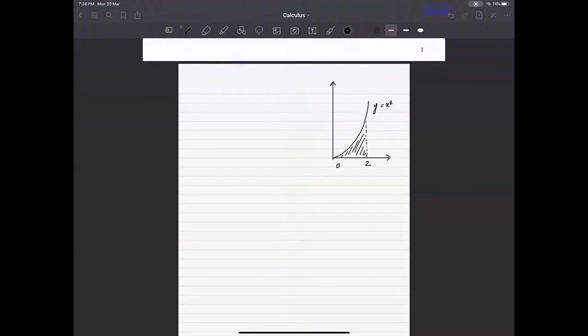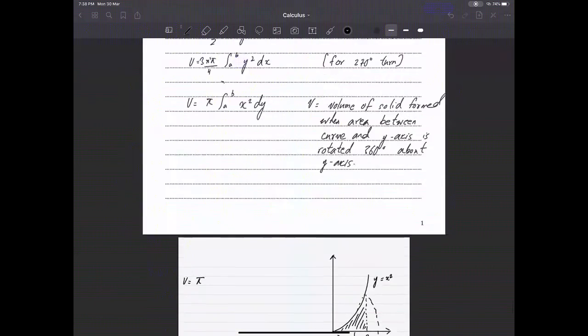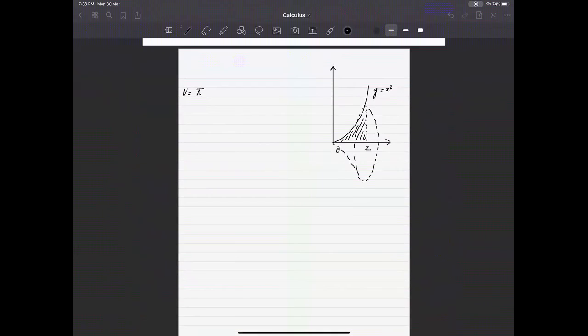And this area rotates about the x-axis and generates a volume, a solid. And you have to find out the volume of that solid. So you recall a formula which is volume is equal to pi integral y squared dx, a to b.